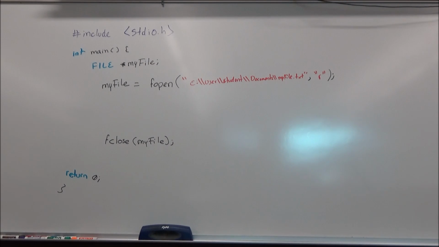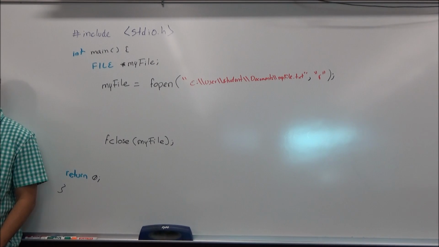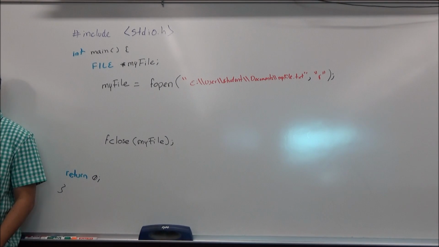So, how to read from the file? How do you read from the user? Use the scanf function. Right? So the scanf, there's a stream, and it's just basically where are you reading the stream from.